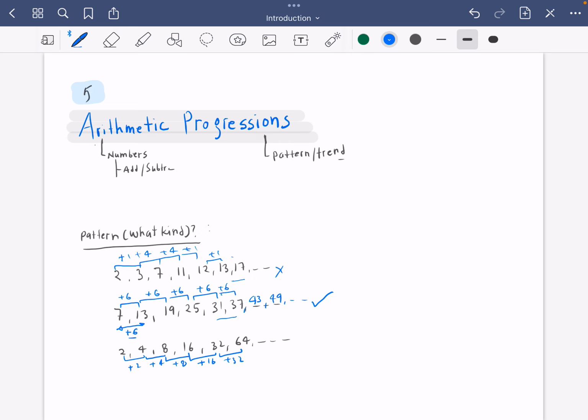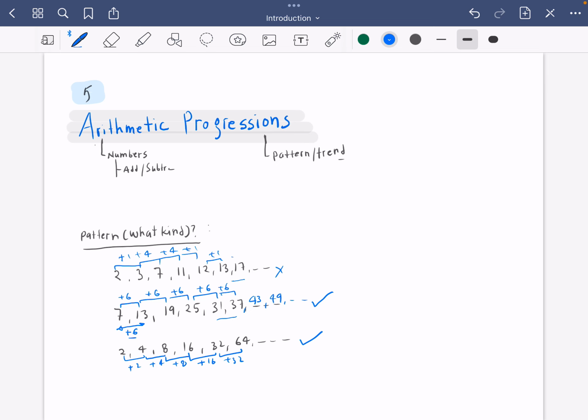Yes, I get the next number by adding a number to it. For example, I get 4 by adding 2 to 2. I get 8 by adding 4 to 4. I get 16 by adding 8 to 8. I get 32 by adding 16 to 16. So definitely here's a pattern. But is it an arithmetic progression? I'm getting it by adding a number.